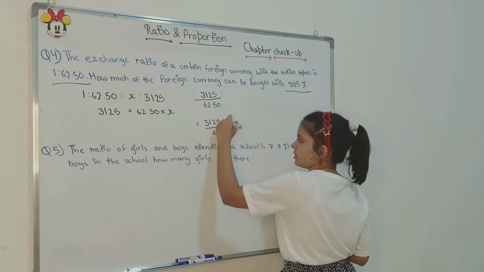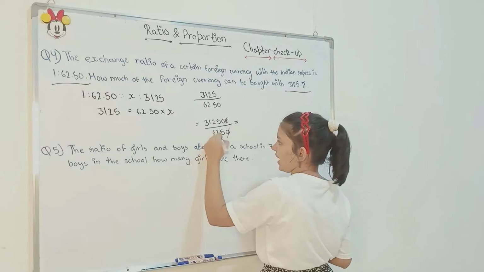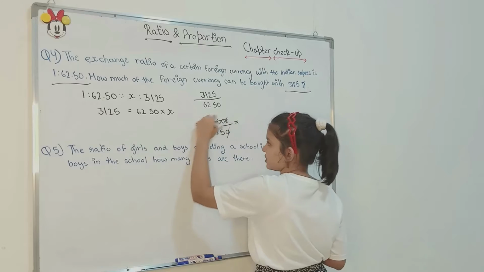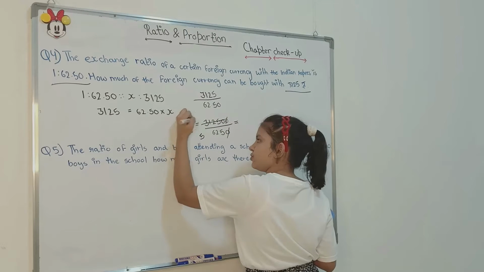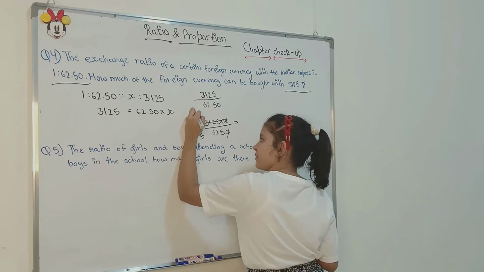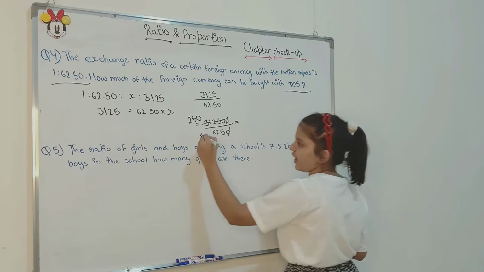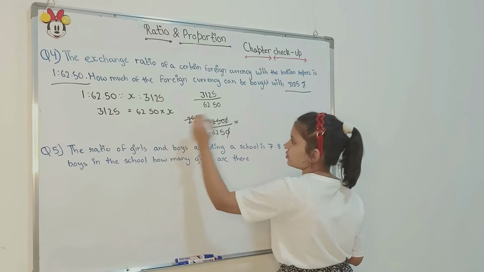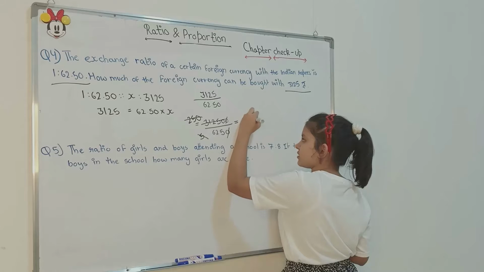So 0 here cut, then 625 into 5 is 3,125. So this will cut, we get 5 and then 250. Once we divide these two, we get 5. Now we have to divide these two. So then if we divide them, we get 50 as the answer.